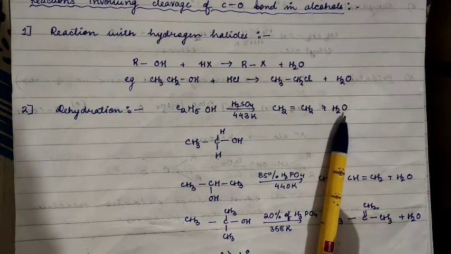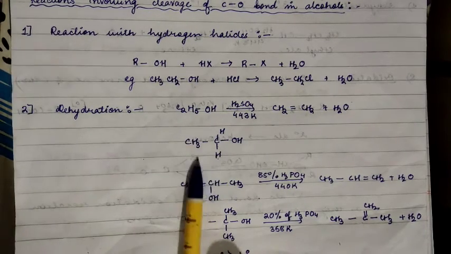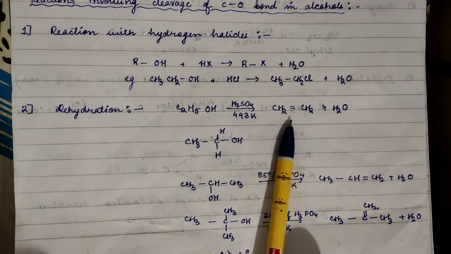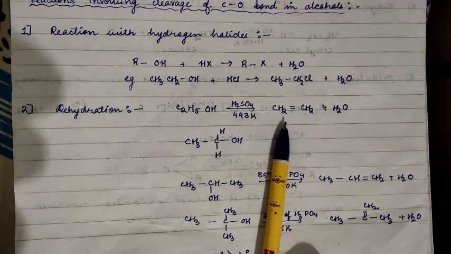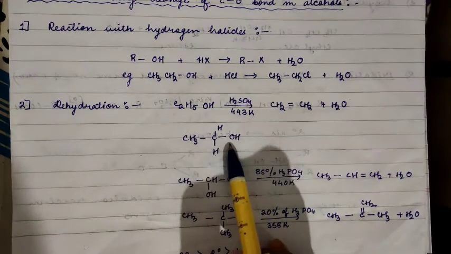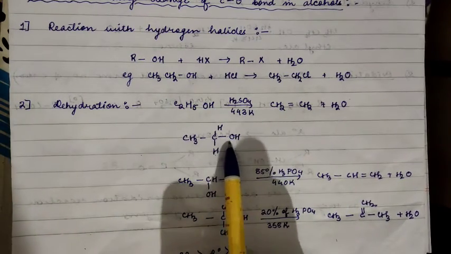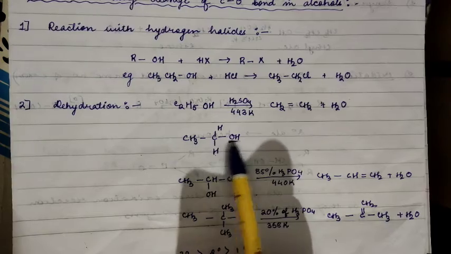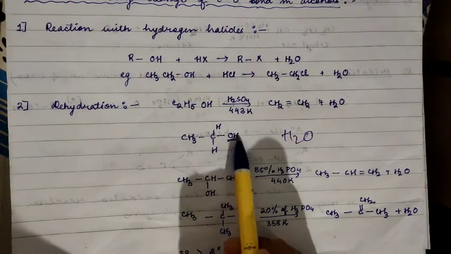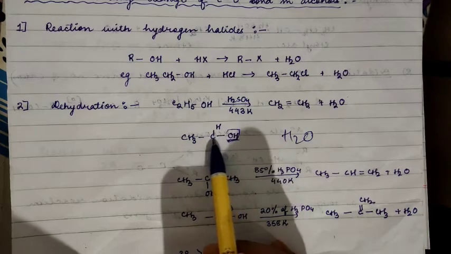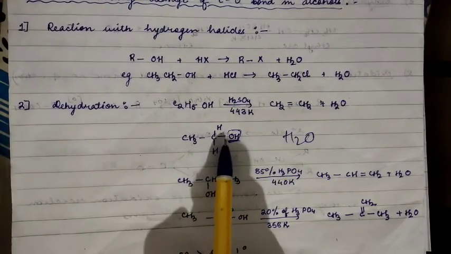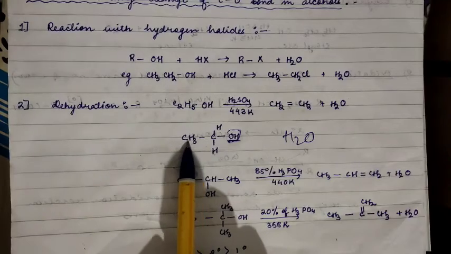So you see here, this is the molecule for ethanol. Now as you can see, ethene is produced. How is it produced and from which part is the water molecule released? It is very important here. OH is removed, OH plus H, water. This OH is removed from this carbon and the hydrogen is removed from this carbon.